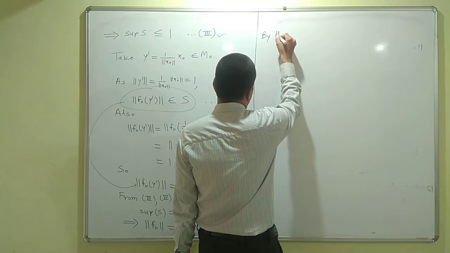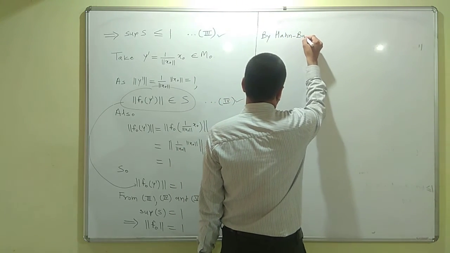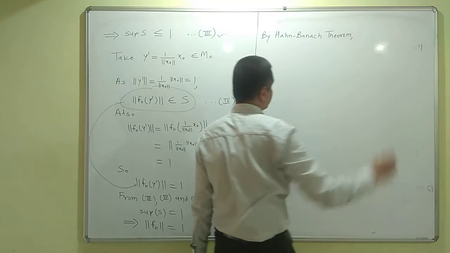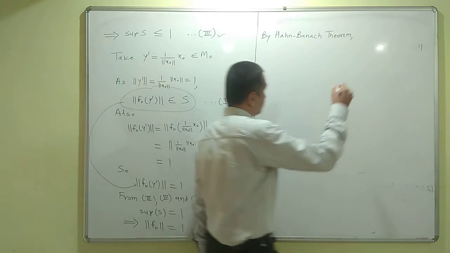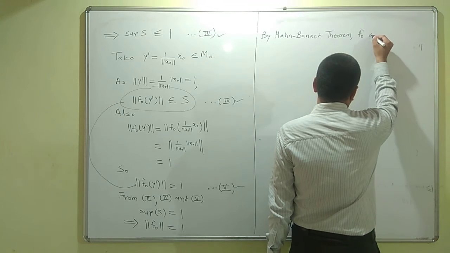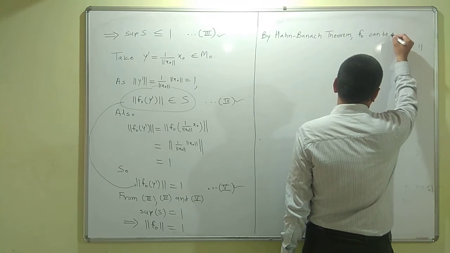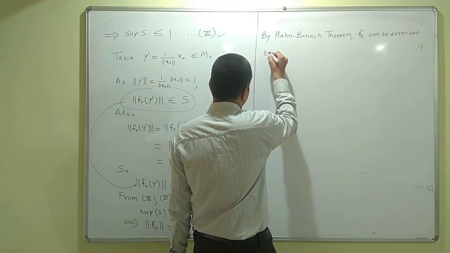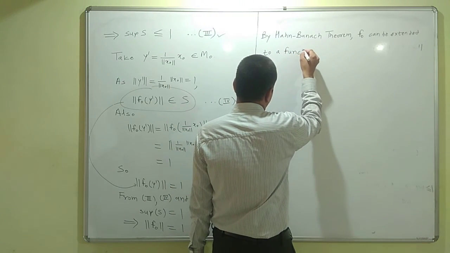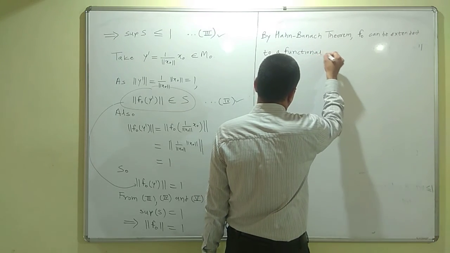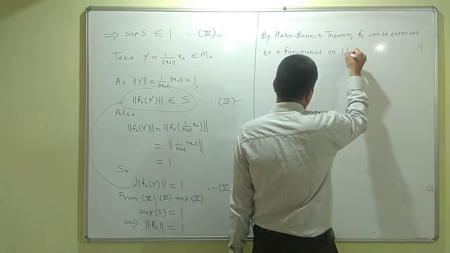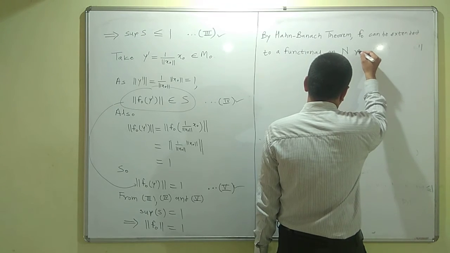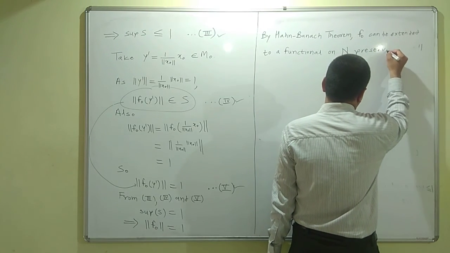By the Hahn-Banach theorem, f0 can be extended to a functional on the whole space N, preserving its norm, preserving the norm of f0.